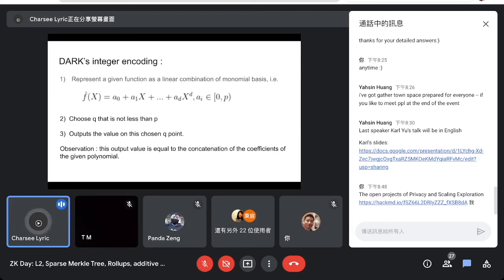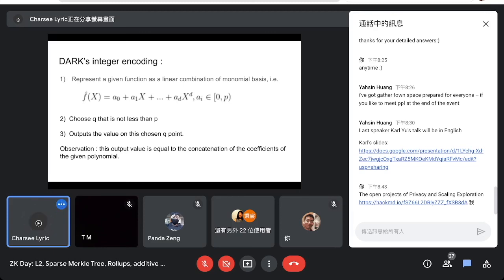To see the correctness of this equation, you can choose f of x like 3 multiplied by x to the third degree. You choose q that is not less than p, like 5, right?